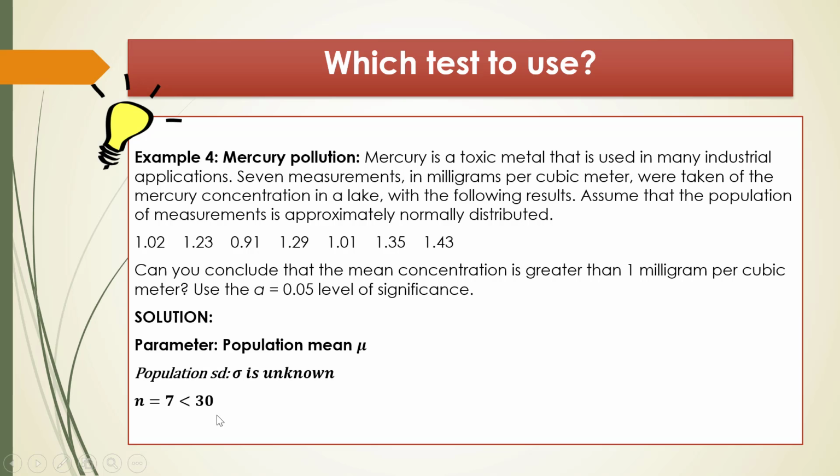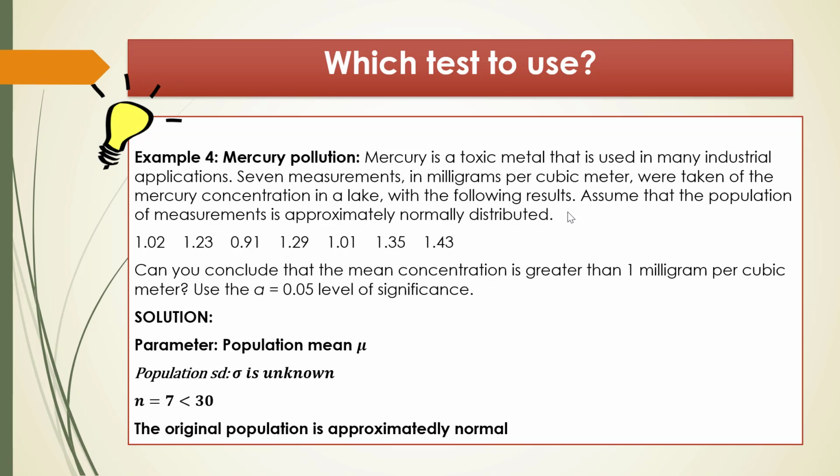When we look at the sample, we see the sample size is 7, which is less than 30. So the central limit theorem is not applicable. However, if we read carefully, we see: assume that the population of measurements is approximately normally distributed. So the original population is approximately normal.